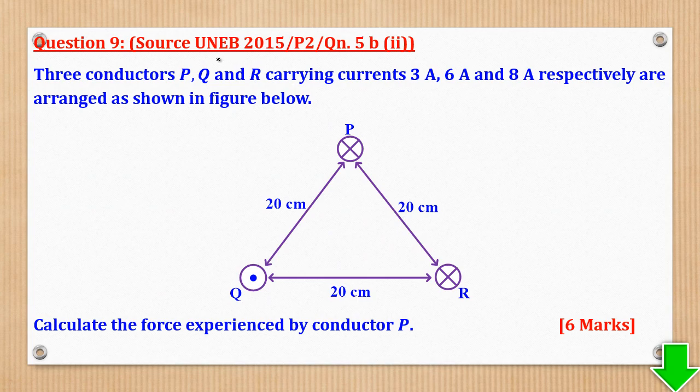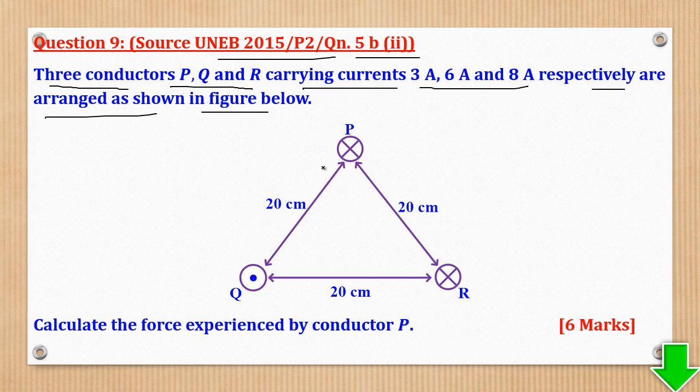Then question 9 came from UNEB 2015, paper 2, question 5B, Roman 2, and says: three conductors P, Q and R, carrying currents, these ones respectively, are arranged as shown in the figure below. Calculate the force experienced by the conductor P here. So there will be a force experienced here due to this current, and also a force experienced at P due to this current.